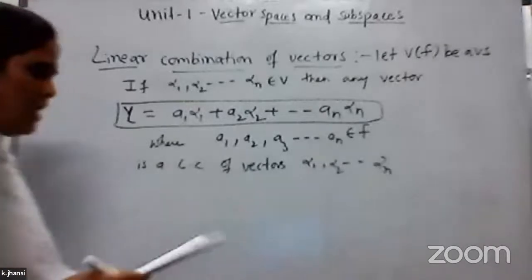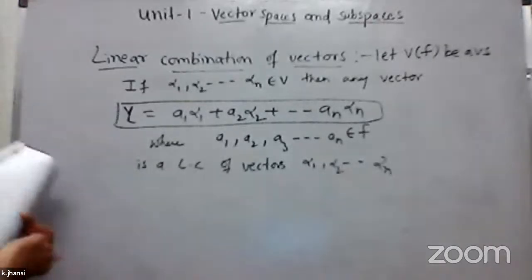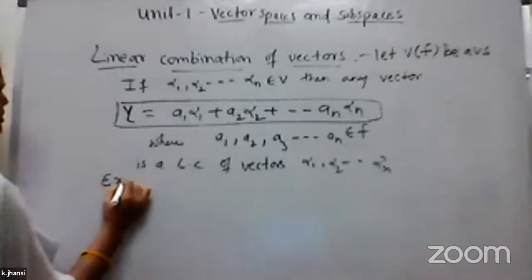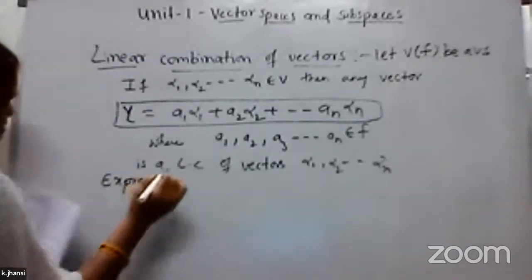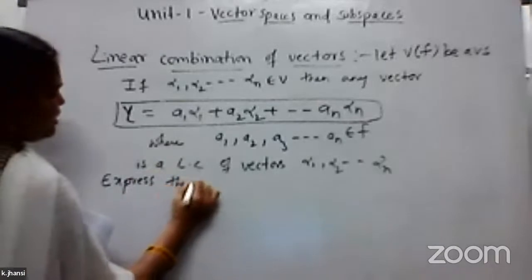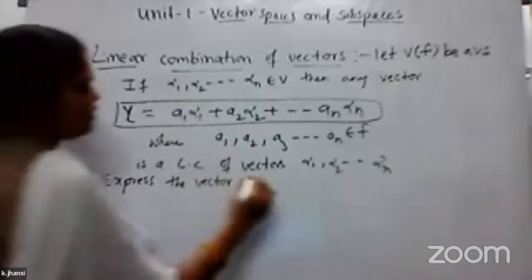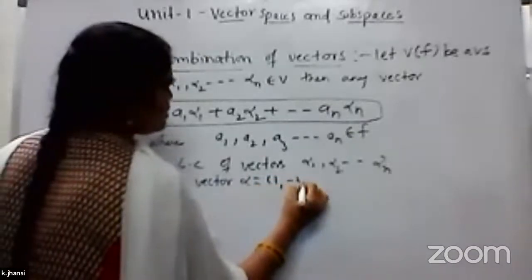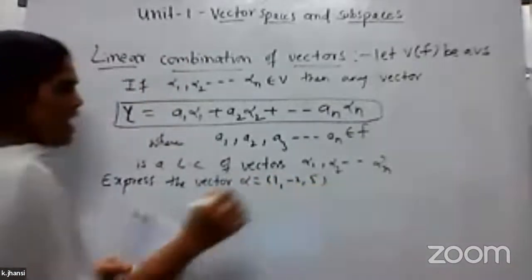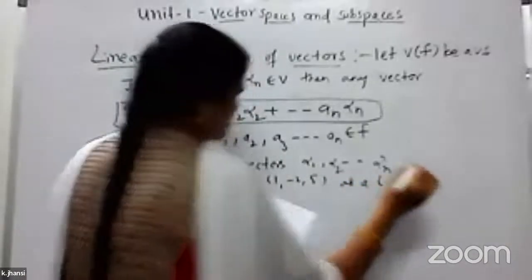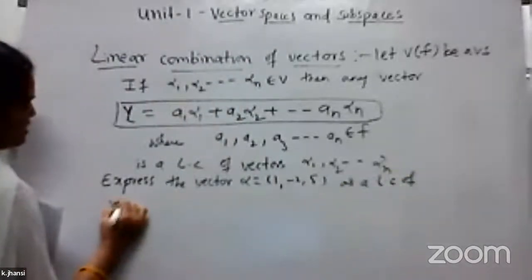The question will be like this: express the vector alpha equals 1 comma minus 2 comma 5 as a linear combination of vectors.